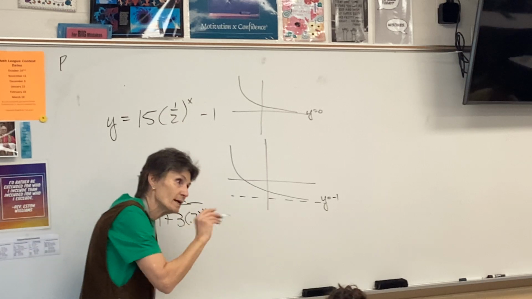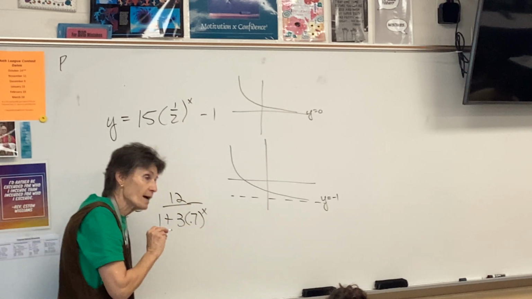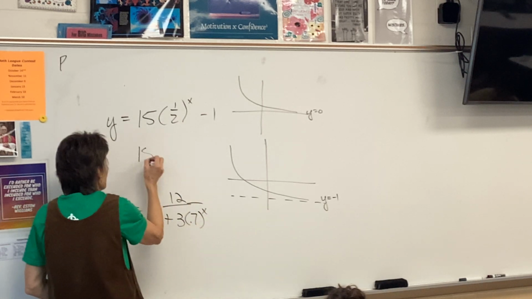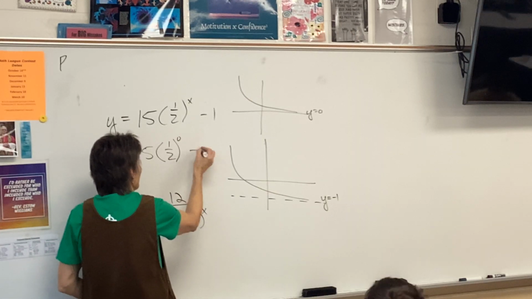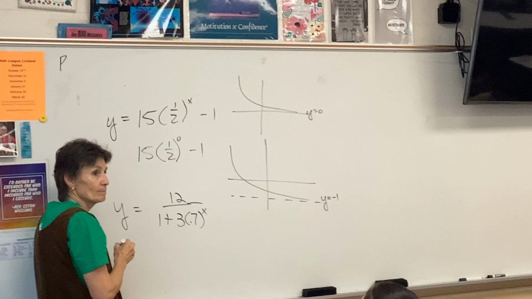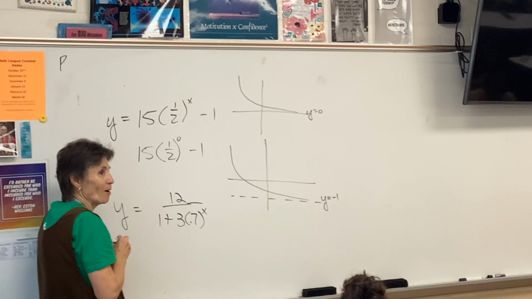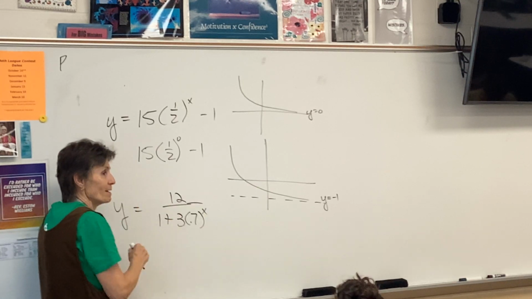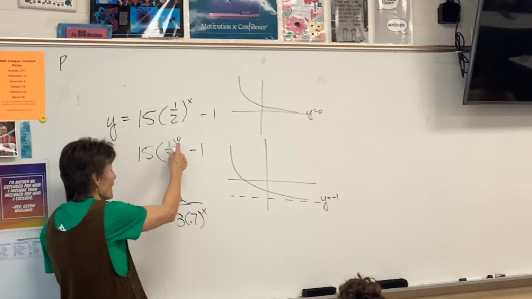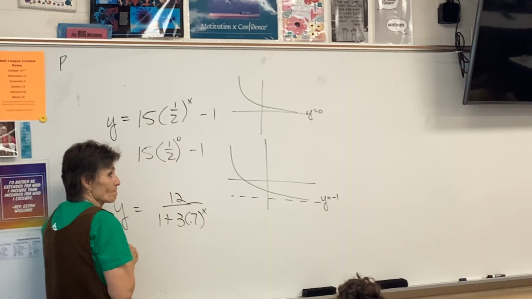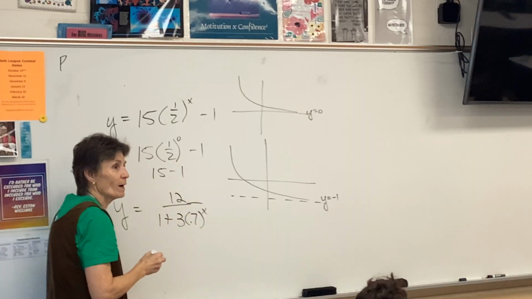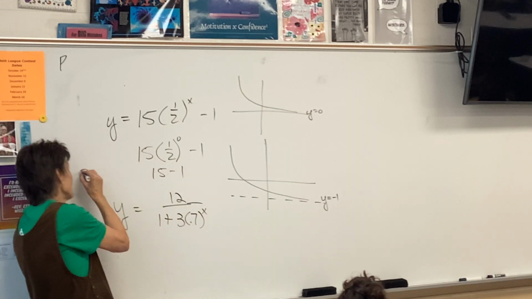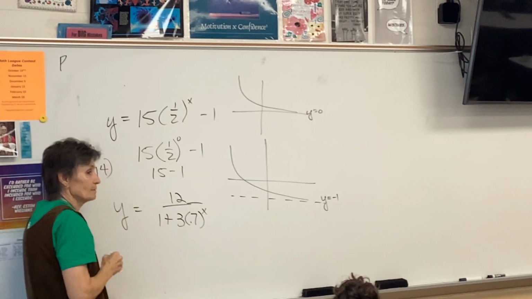Put 0 in for x. So 15 times 1/2 to the 0 minus 1. My picture's off a little bit. The asymptote's right, that's all that matters. Because what's 1/2 to the 0? 1. So 15 minus 1, where's my y-intercept? 0, comma 14.